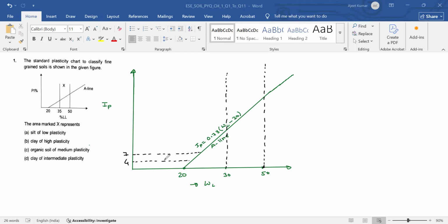Okay, if the soil is above the A line and before the line corresponding to liquid limit 30, this is termed clay of low plasticity.